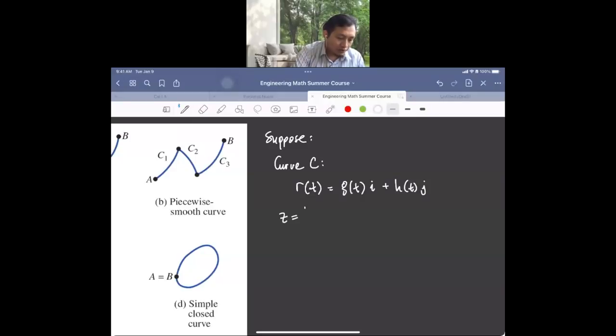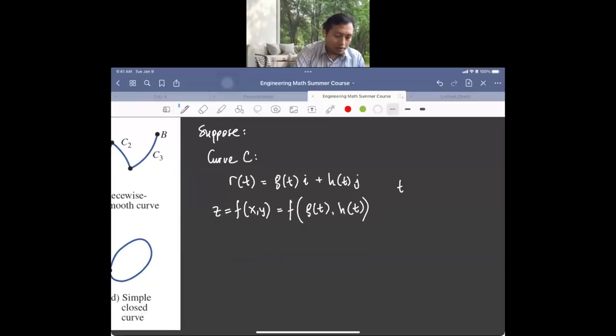We can also write this in terms of a function of two variables f of x, y, which is f of g of t and h of t, where t comes from the interval a to b.